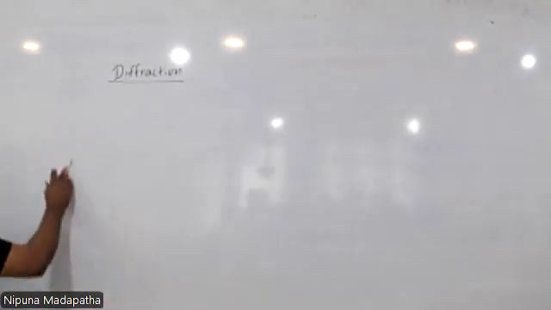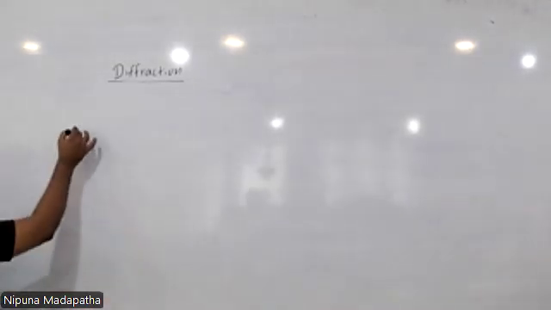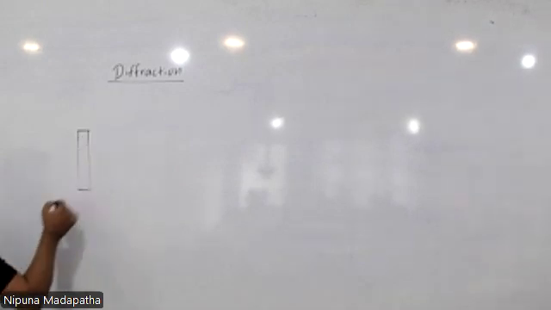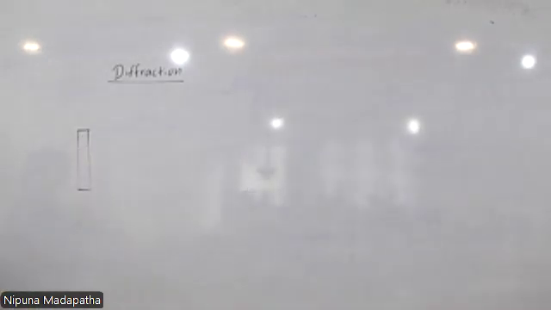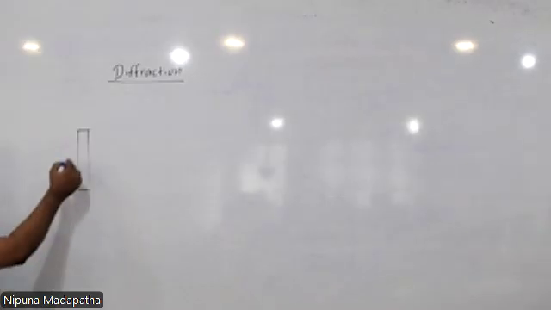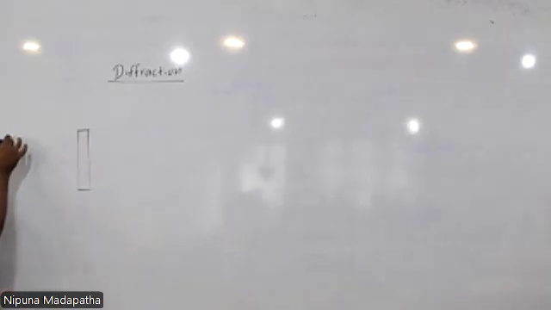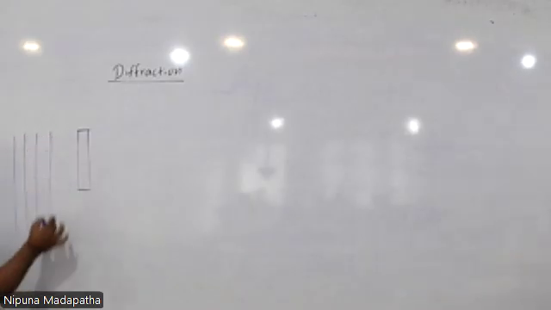Diffraction is a phenomenon when a wave hits an obstacle or barrier, right? It bends. Suppose this is an obstacle and here the wave comes.